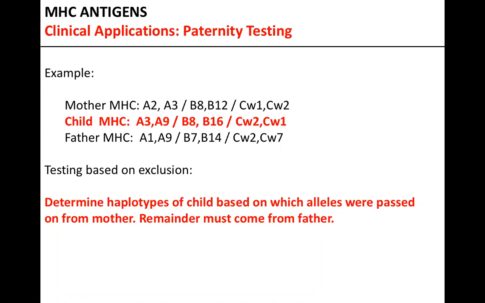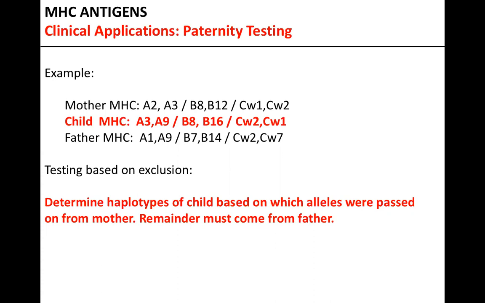But for now, just understand that based on this testing, the lab can determine a patient's tissue type. So in this example, the lab determines the tissue type of each family member to be as you see here on the screen. The mother has A2, A3, B8, B12, C1, and C2.